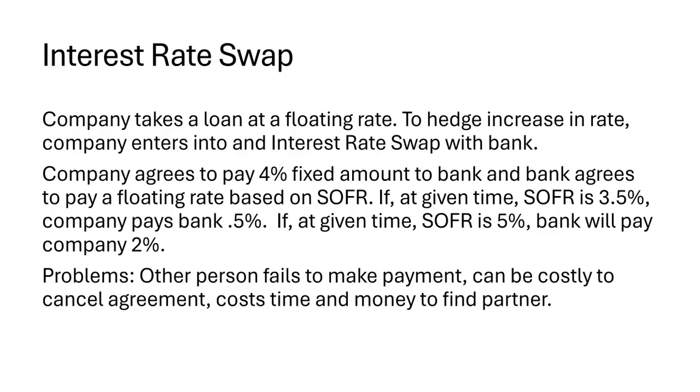Now, there are numerous types of interest rate swaps. All right, and matter of fact, the next two slides will list all of them. There are 7 of them listed in your textbook.